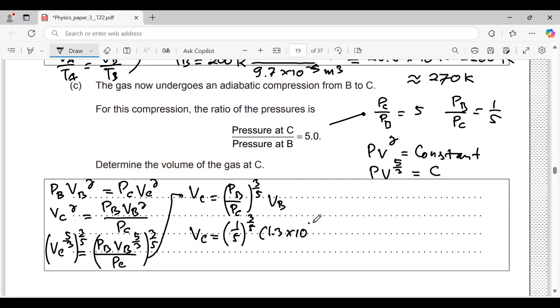If you calculate, the result is 0.494 times 10 power minus 4 meter cube, or in significant figures, 4.9 times 10 power minus 5 meter cube.